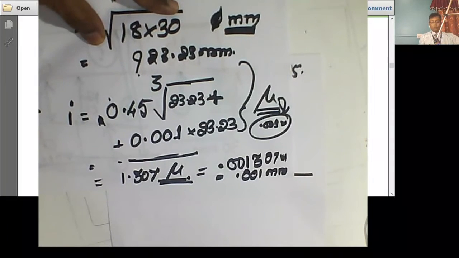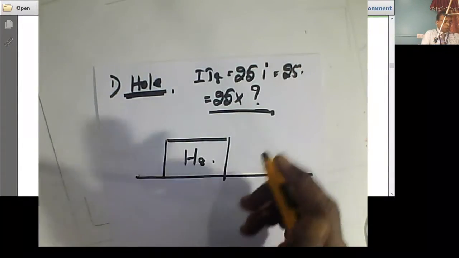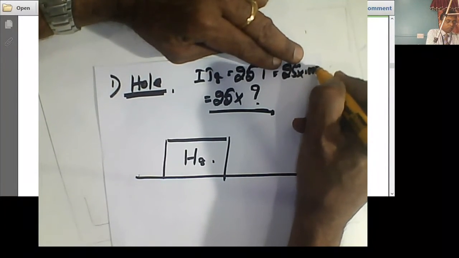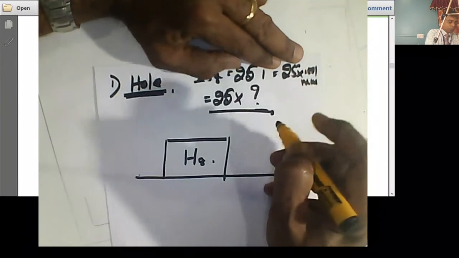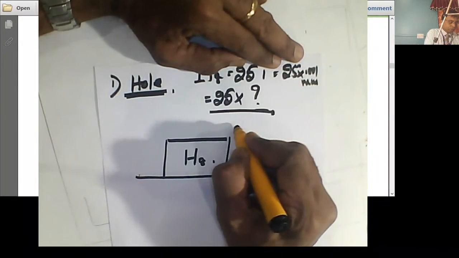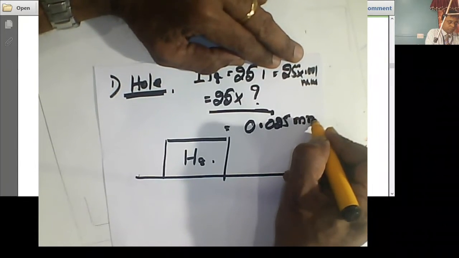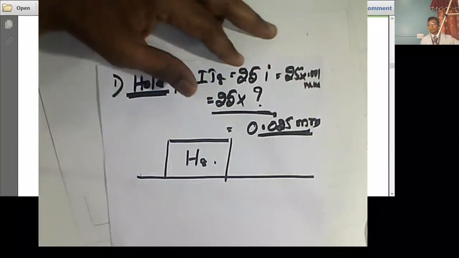That's all: 1.3 micron, 1 micron, 0.001 millimeters. So this becomes 25 into 0.001 mm. So what you get here is the value 0.025 mm. That's all.